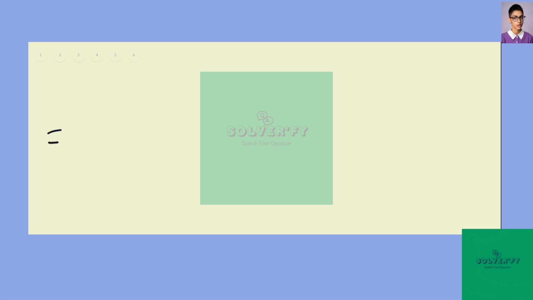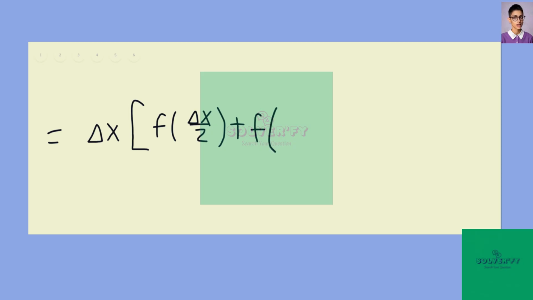So our integral should equal delta x times f of delta x over 2 plus f of delta x over 2 plus delta x plus dot dot dot all the way up.